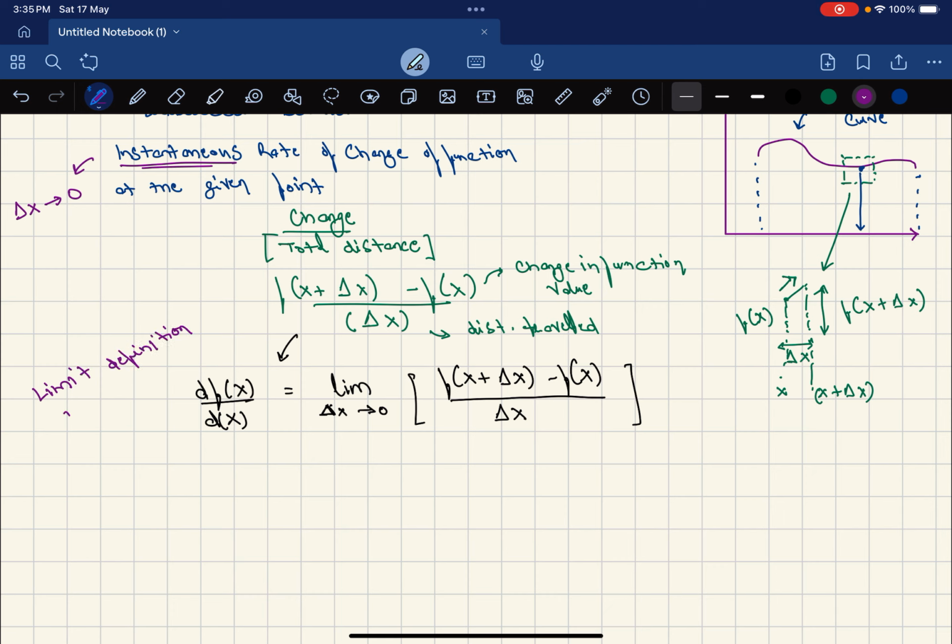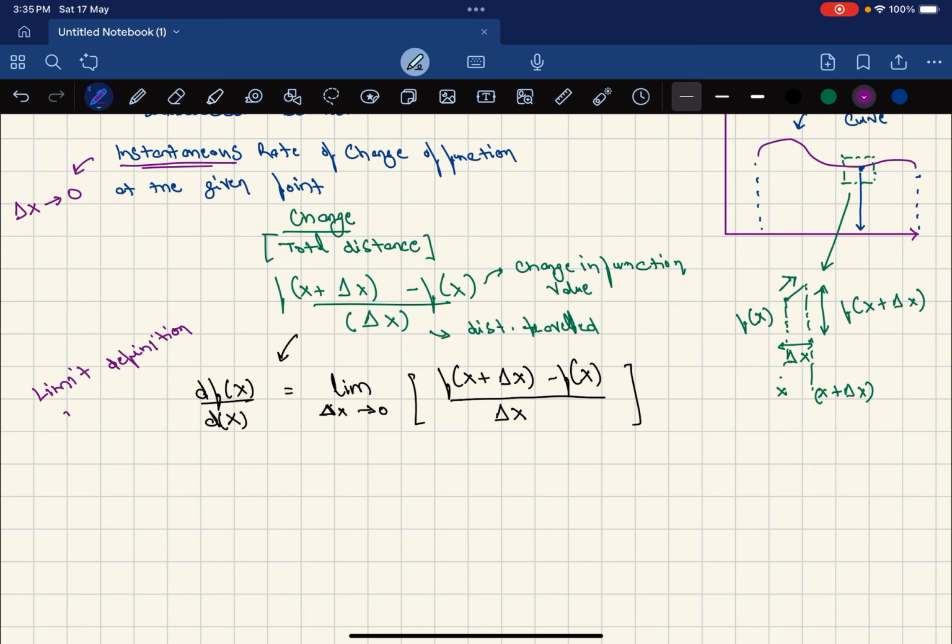So this is the base and this is the height. Therefore the derivative of a function can also be said to be the slope of the function at that particular point. So we always compute the derivative at a particular point as seen in this case.